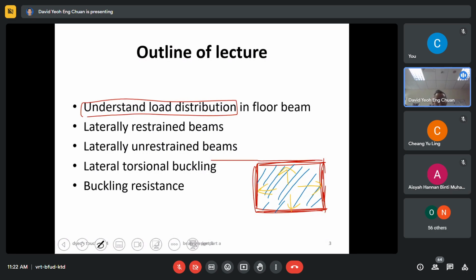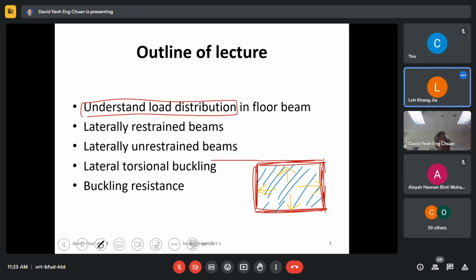What document do you refer to? Try using Ly over Lx. We check using Ly over Lx.